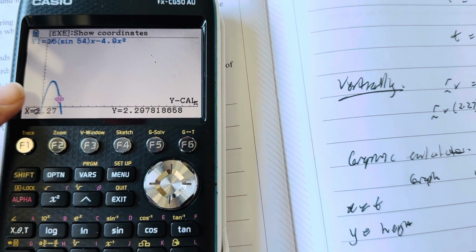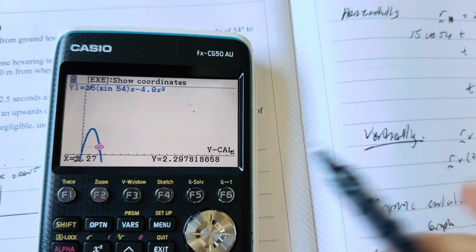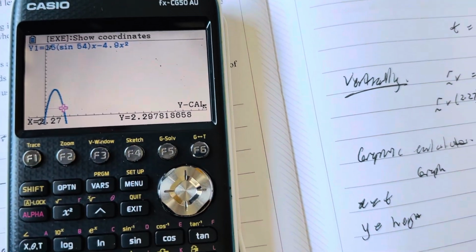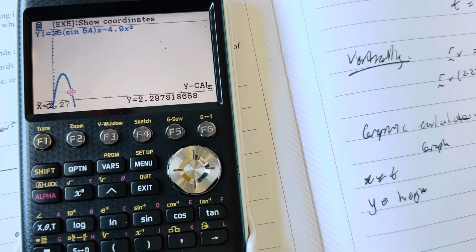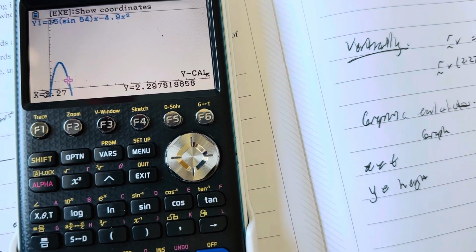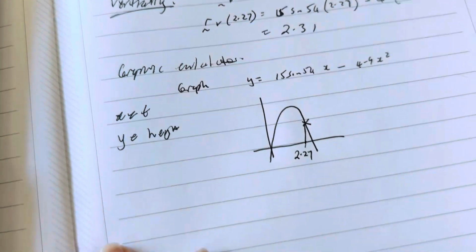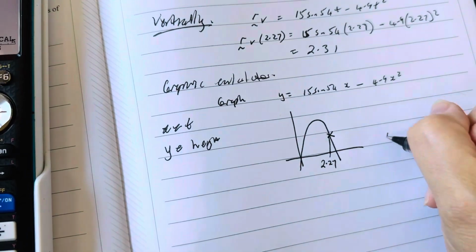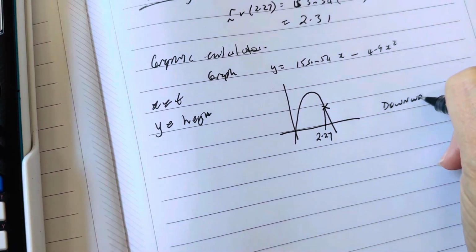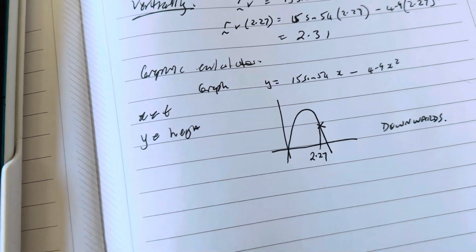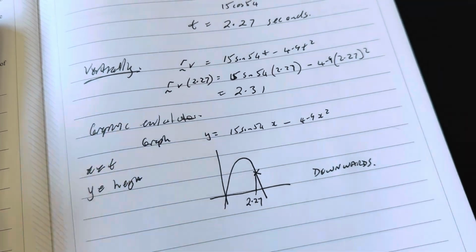They've got it as 2.3. So it's actually here, that's the point when we're at 2.27. It's on the downward side of the peak, so it's obviously going downwards.